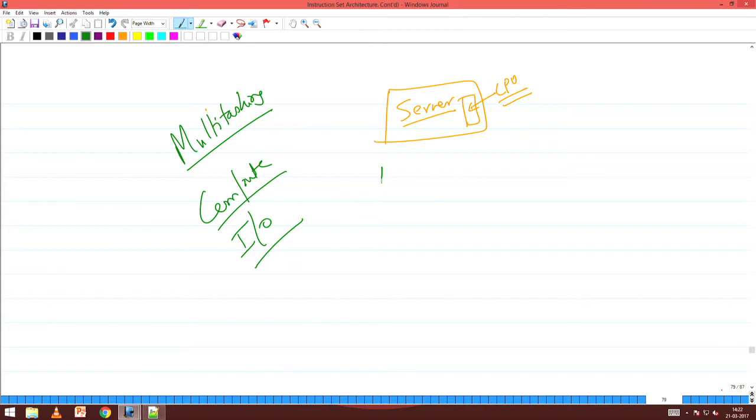Okay, so let us take a typical process. This is the time axis, and let me say red means compute, and blue means I/O.